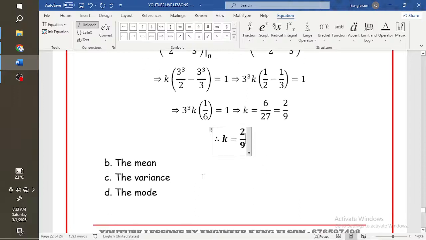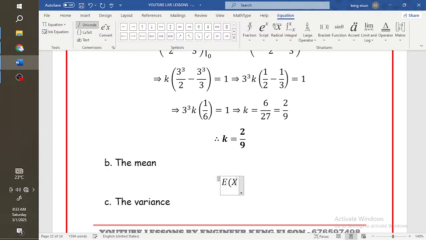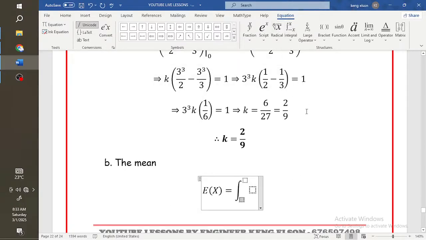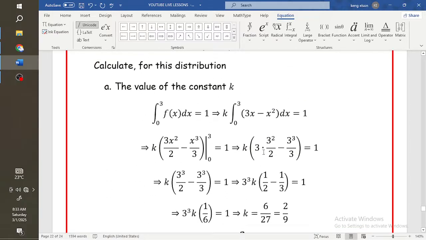Okay. Now what is the mean? E of x is equal to, from our definition, the integral from 0 to 3 of x times f of x dx. So you are going to have the integral from 0 to 3 of, now what is my f of x?